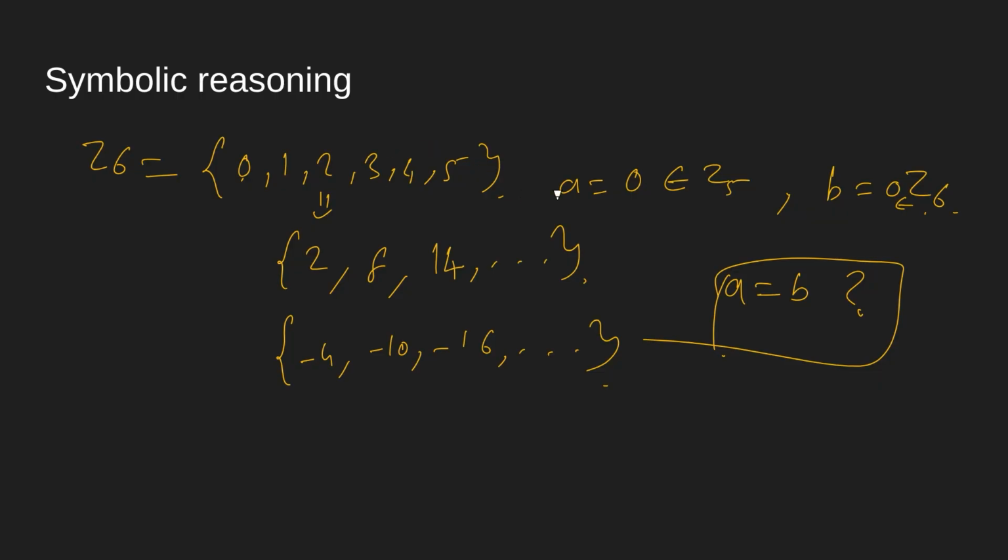This 0 represents a completely different set of integers, the multiples of 5, and here this 0 represents a completely different set of integers, the multiples of 6. Of course they can overlap at some point, for example the number 30. But that overlap does not mean that both of the sets are equal.